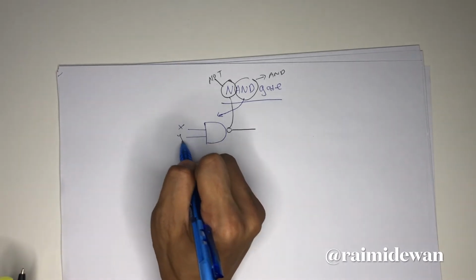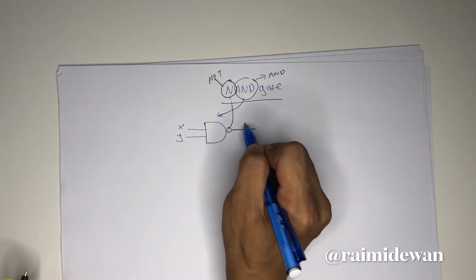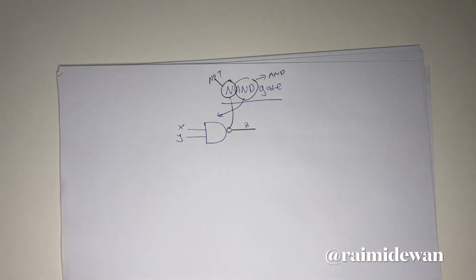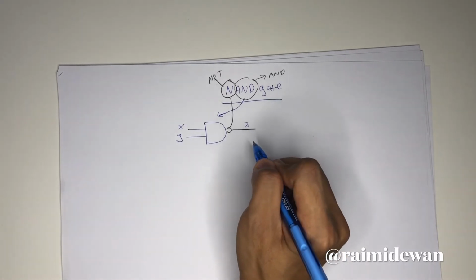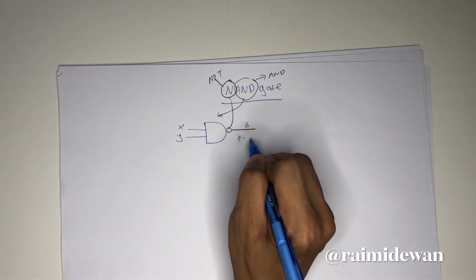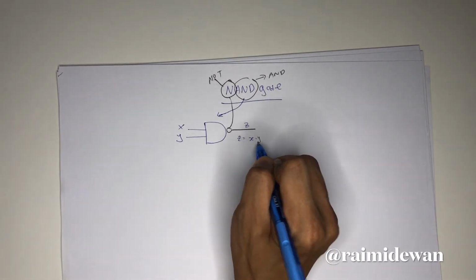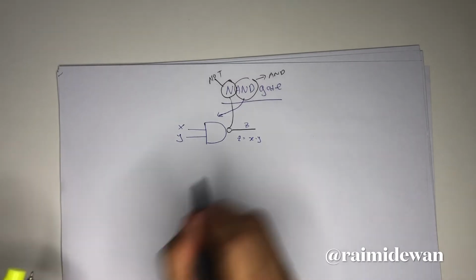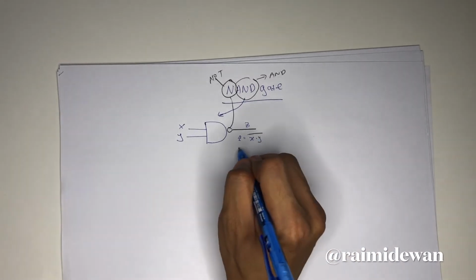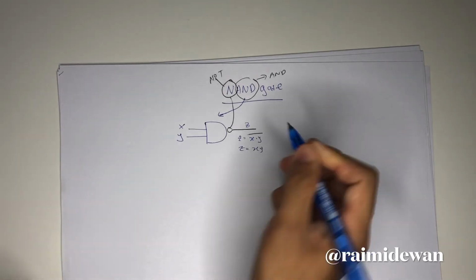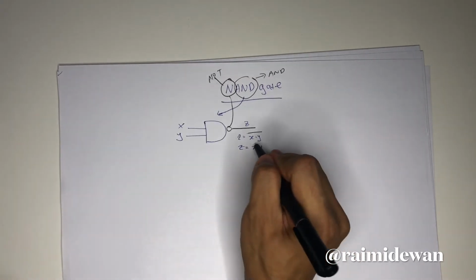So this is your x, this is your y, and this is your z. So the logic expression is z equals x dot y, inverted. You may also write it as z equals xy inverted.